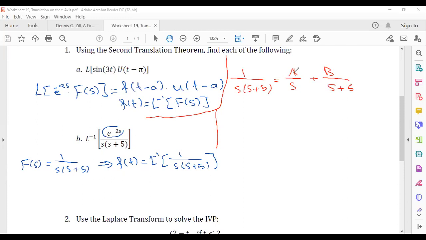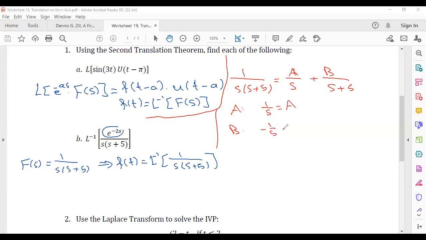Quickly, if I need to find A, I'm going to multiply by s and let my s equal 0. So I have 1 over 5 equal A. To find B, I'm going to multiply by its denominator and let s equal -5.